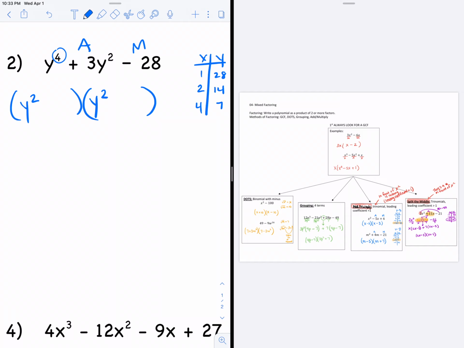So in order for it to multiply to negative 28, either the smaller numbers will be negative or the larger numbers will be negative. But in order to add to a positive 3, I know I want my bigger numbers positive. Negative 4 and 7 will add to 3. So I put minus 4 and plus 7.